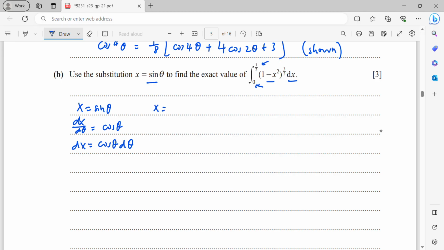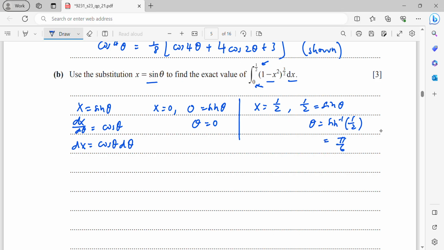When x equals 0, 0 equals sine theta, that means your theta equals 0. Then when x equals half, half equals sine theta, that means your theta is inverse sine half, which is pi over 6. So you have to leave your answer in radians.